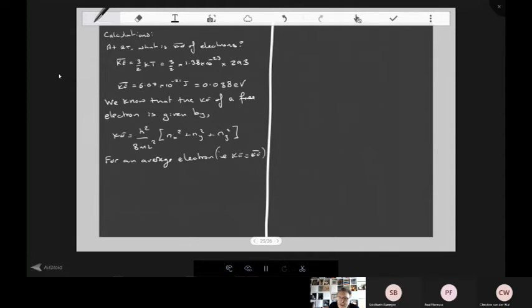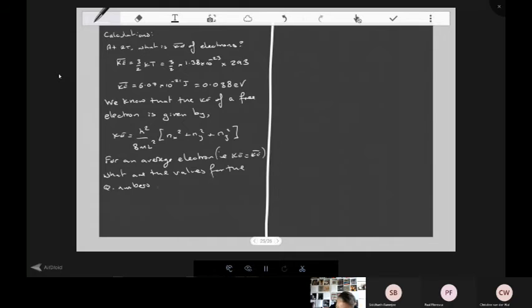Just to get a rough feeling, for an average electron, what are the values for the quantum numbers nx, ny and nz?